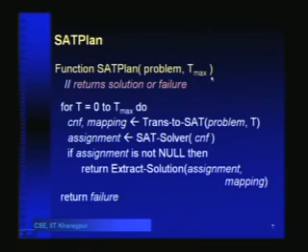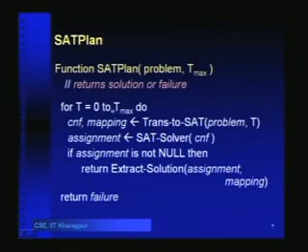So, we need a T max. Now, this is where we have to be careful: SATPlan requires a bound on the number of time steps within which you expect to find a solution.